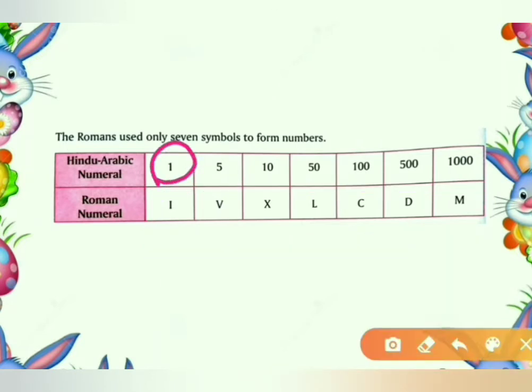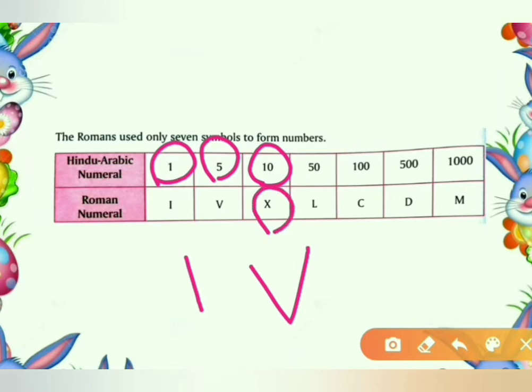When you are studying first standard, you use this alphabet. V stands for 5. Next you will study 5th standard, right? That time you will use the V alphabet. And then X stands for 10. In 10th standard you use this alphabet for representing 10th standard.